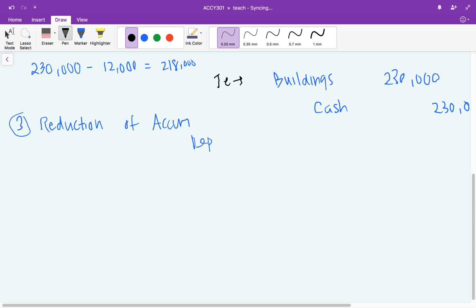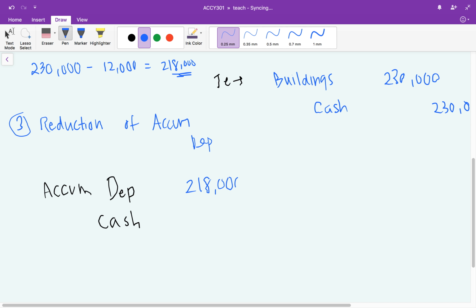So here we are going to debit our accumulated depreciation, because remember it's a contra-asset account. So by debiting it, we would take away some of what we had before. And since you paid for it with cash, we would use cash, and we're actually going to use the same amount up here because that is the amount that we will be erasing of our depreciation, basically increasing the amount of future depreciation it could have potentially.